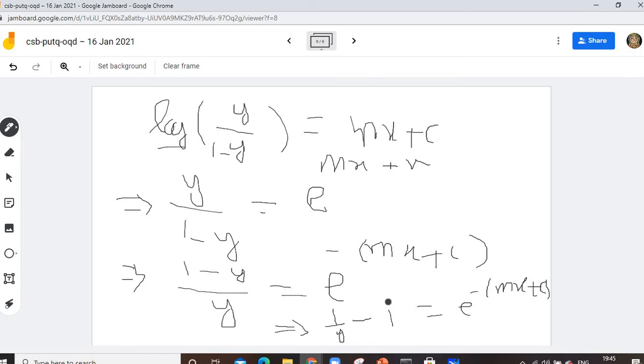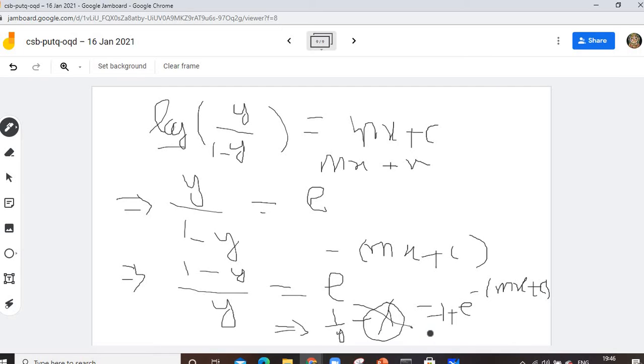Then I will add 1 here, so 1 by y is equal to 1 plus e to the power minus (mx plus c).